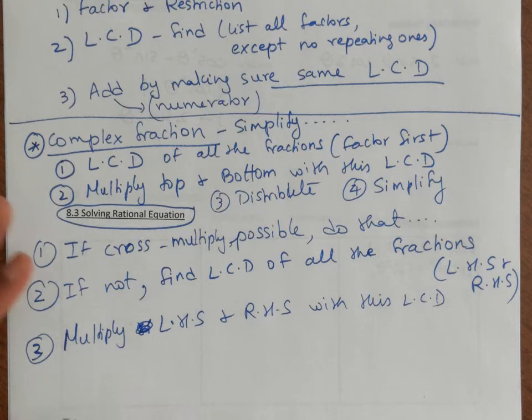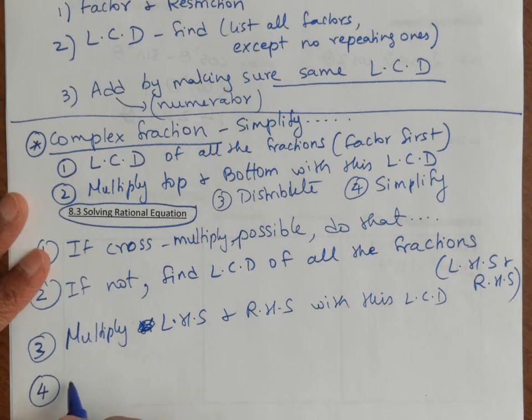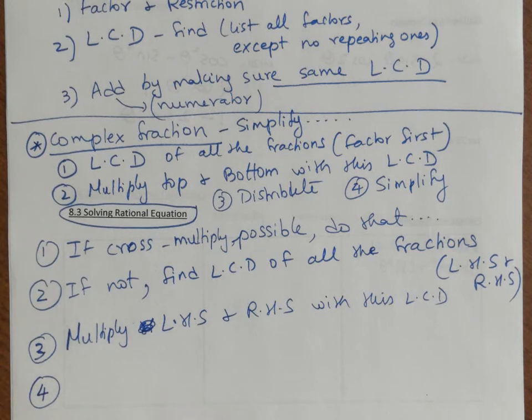And then what do you do? You remember you multiplied the left hand side and the right hand side, so there will be parentheses, because the left hand side could have multiple terms, and the right hand side could also have multiple terms. So if you're multiplying both sides, you have to distribute to each of the terms.